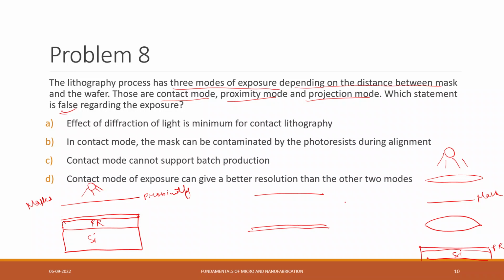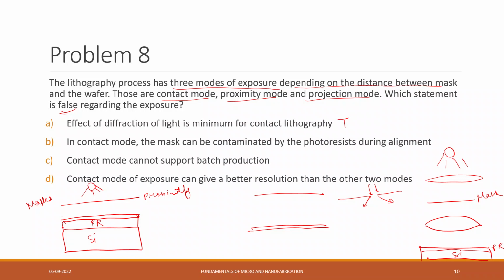Light diffracts when we have a pattern with a gap, and it spreads in different directions instead of coming parallel. When the mask is directly in contact with the photoresist, there is very little physical space for diffraction, so we get very minimum diffraction, which is true.